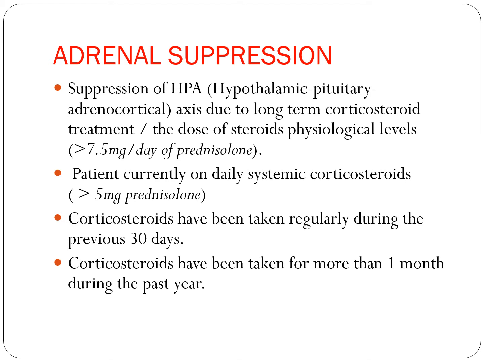The patient is taking more than 5 milligram or 7.5 milligram prednisone per day. So you must be careful. It is very important. And corticosteroids having been taken regularly during the previous 30 days, means the patient is taking steroids continuously, and steroids taken for more than 1 month during the past year. So you must suspect this patient is taking steroid for a long time.